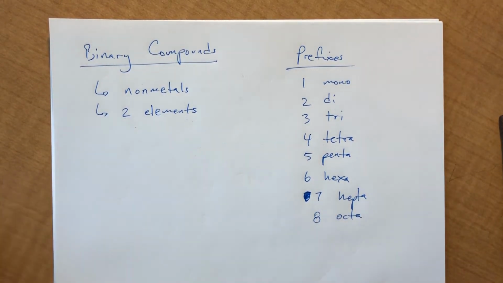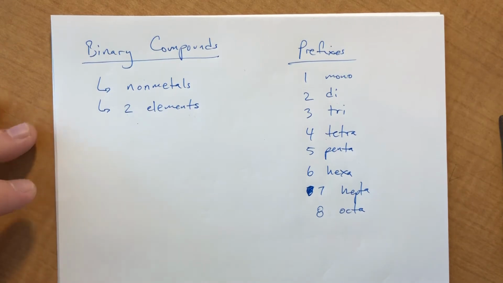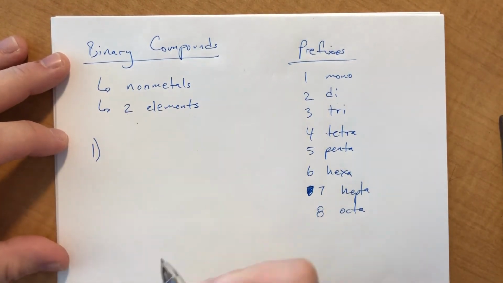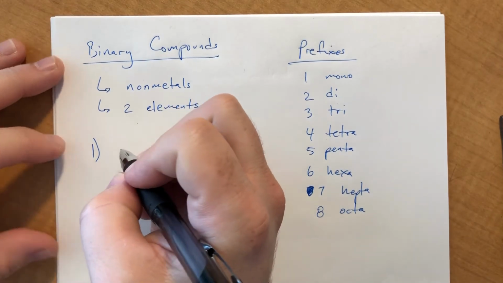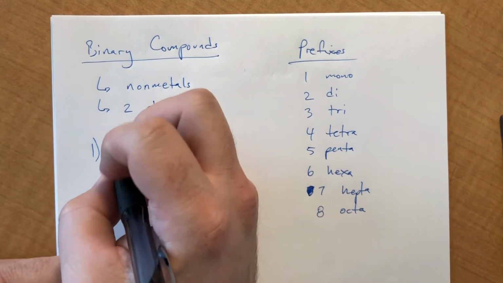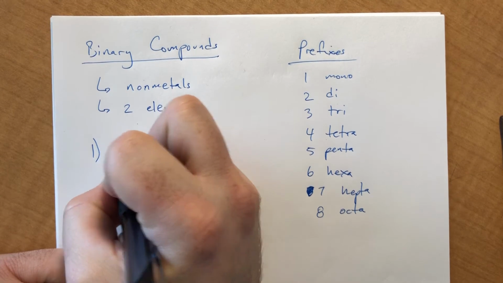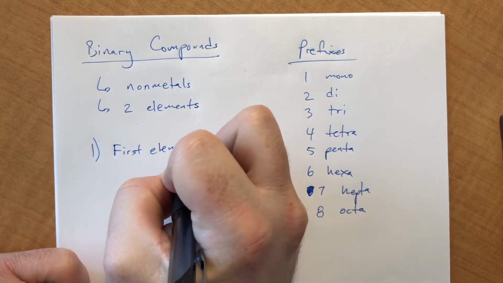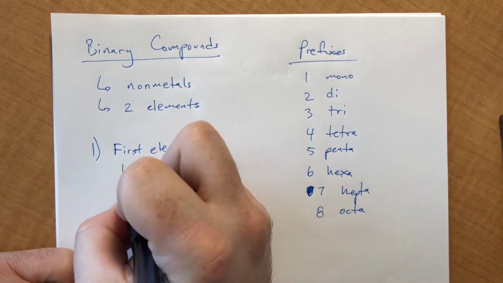Okay, so the naming scheme is actually pretty easy. First, you're always going to have two elements. The first element, or the first atom, let's go with element, is just the name of the element.